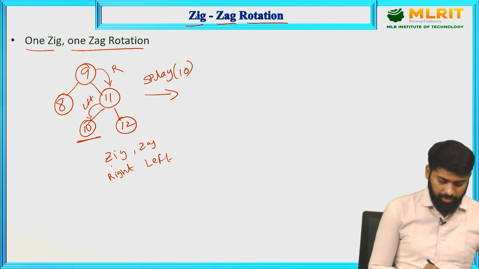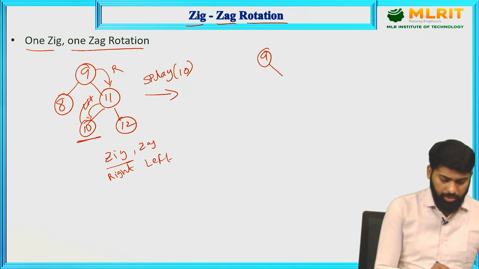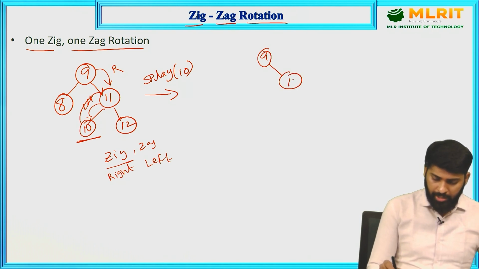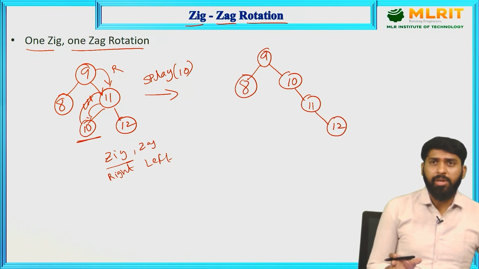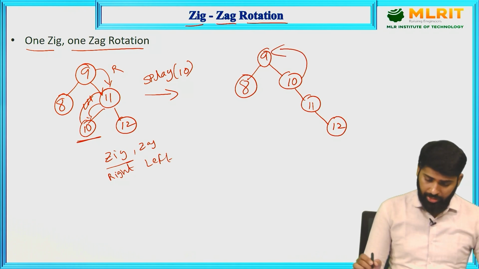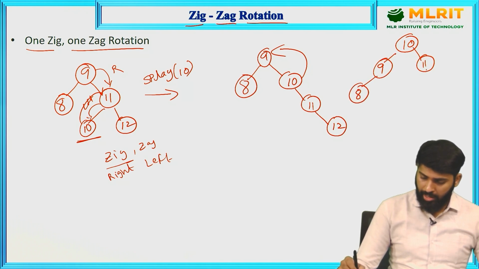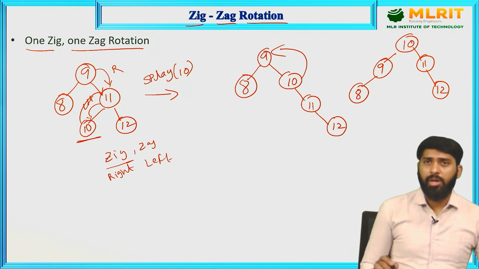First we apply the zig rotation and rotate to the right side, so it becomes 9, 10, 11, 12. Now apply one left rotation, so it becomes 10, 9, 8, 11, 12. Now 10 is the root element.